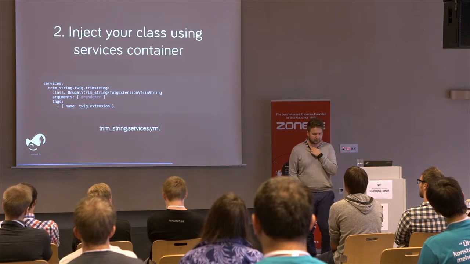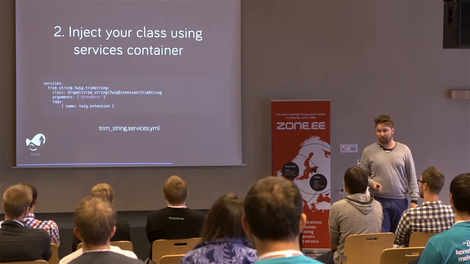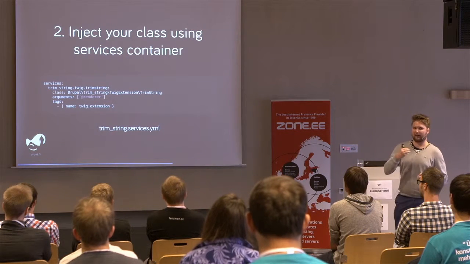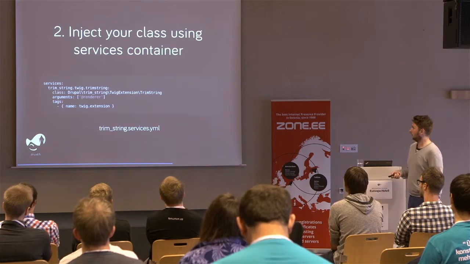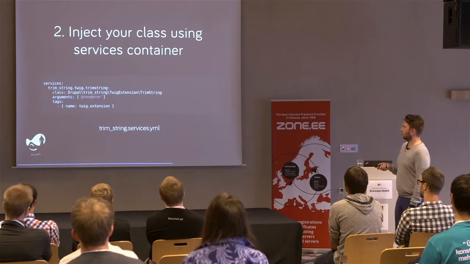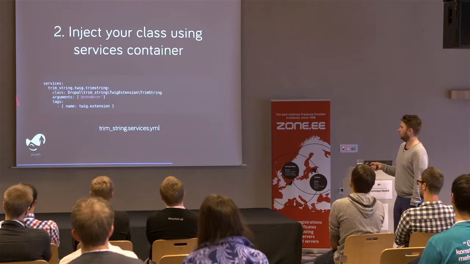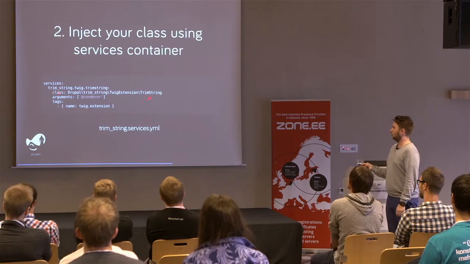Second thing, because if you just define a class, nothing will happen. We need someone to come pick up our class. So we will inject our class with the services container by tagging it with the tag name Twig extension.